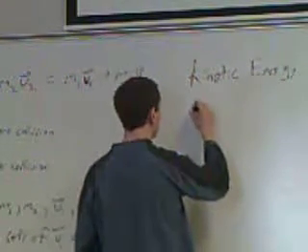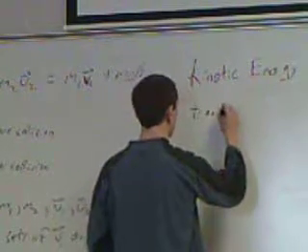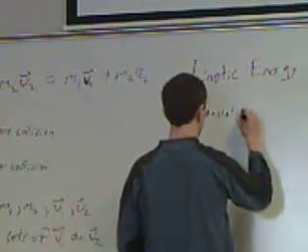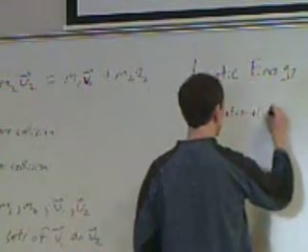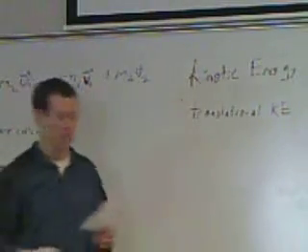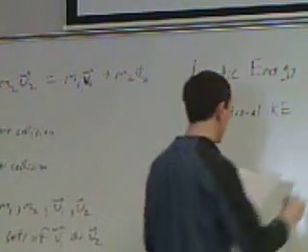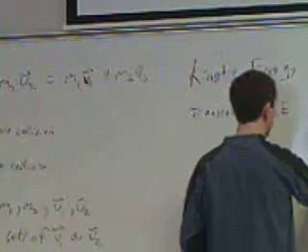Translational kinetic energy, I'm going to be abbreviating kinetic energy as KE a whole bunch of times, is 1/2 m v squared.